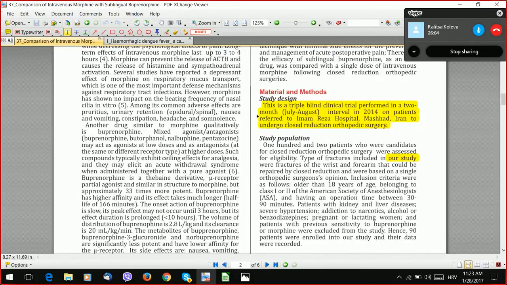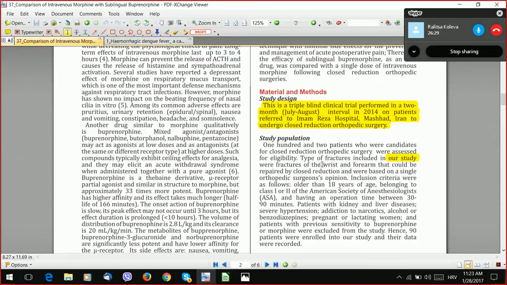In this highlighted part, I found information that this study, this clinical trial, was performed on patients referred to that same hospital, and they had this orthopedic surgery in that same hospital. And here our authors say that this is their study.